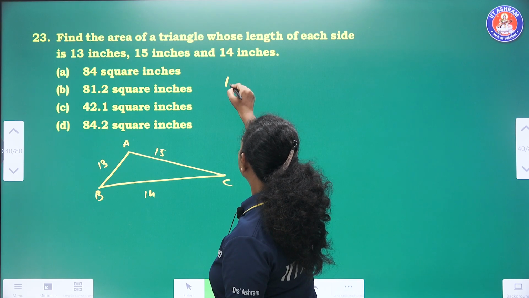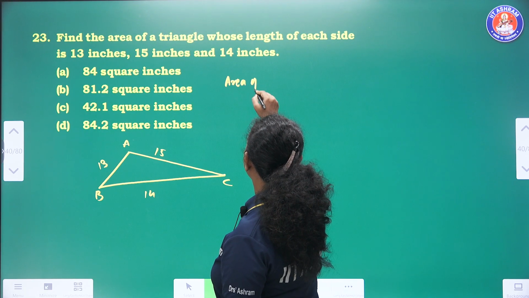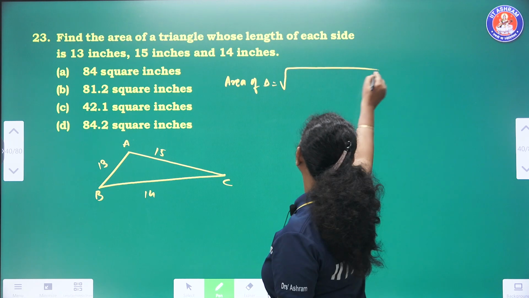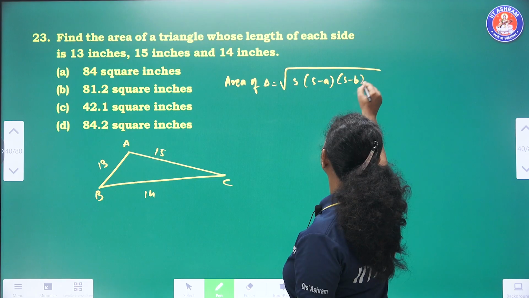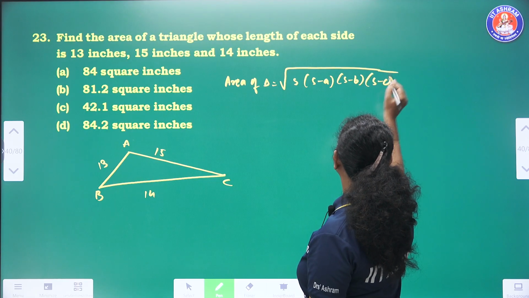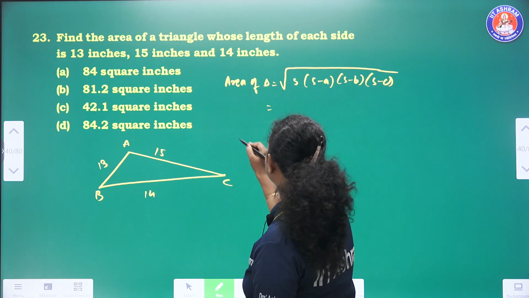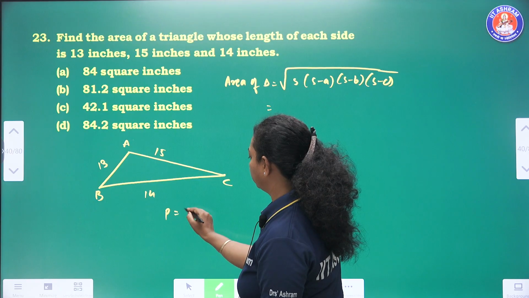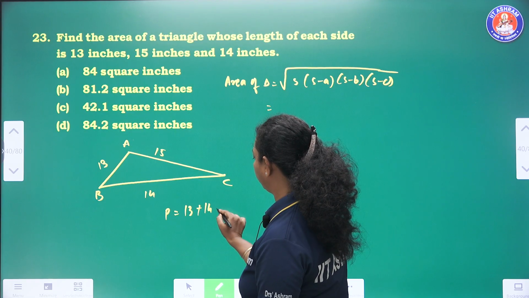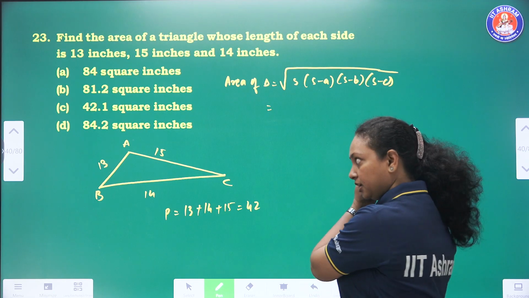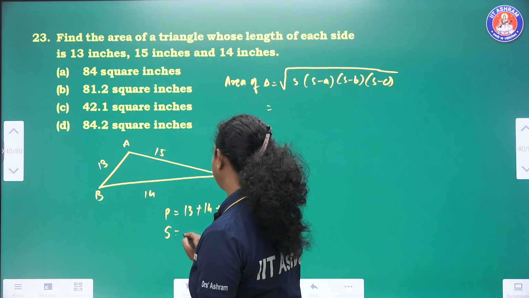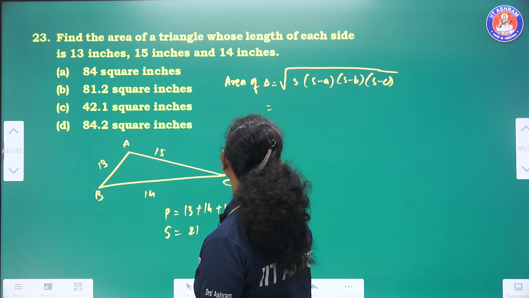So Heron's formula, the area of triangle is equal to the square root of s into s minus a, s minus b, s minus c. So perimeter is equal to what? 13 plus 14 plus 15, which is equal to 42. So semi-perimeter is 21.